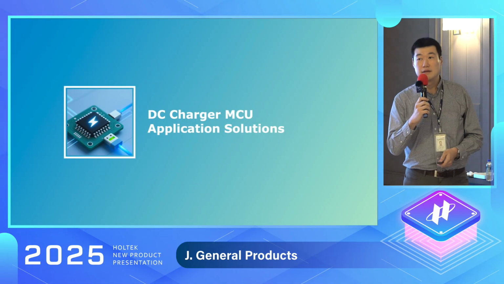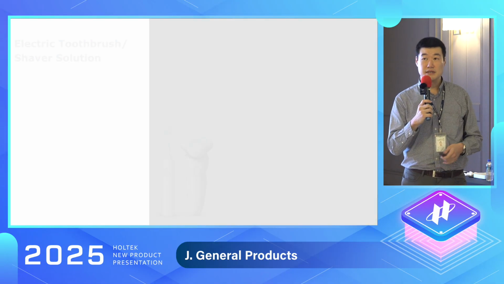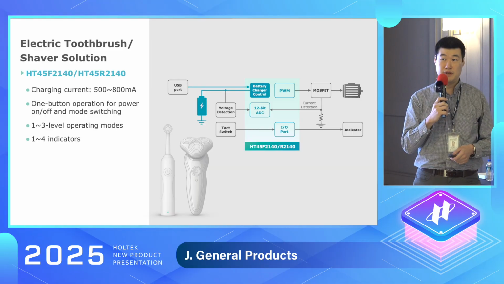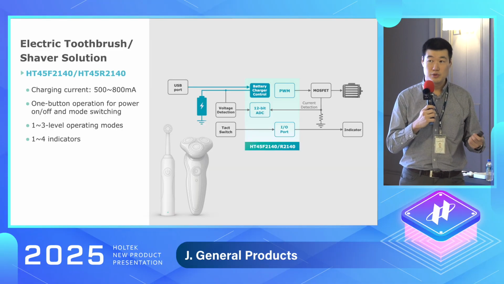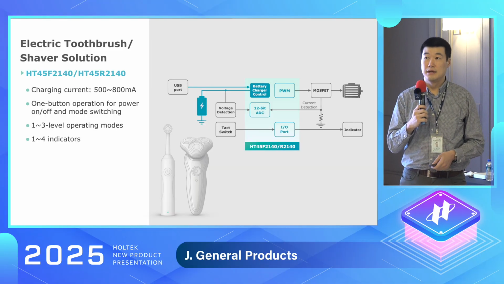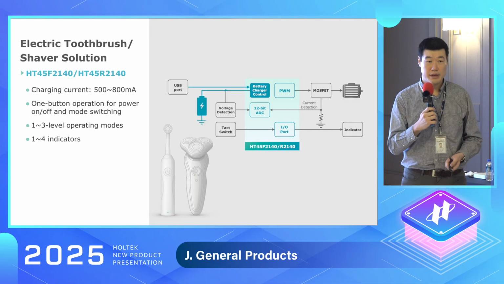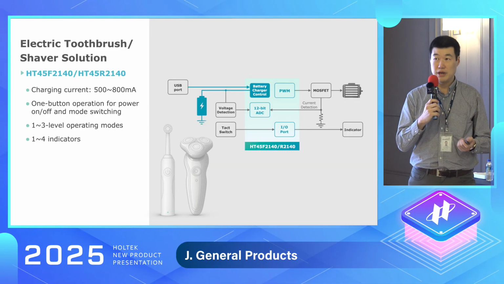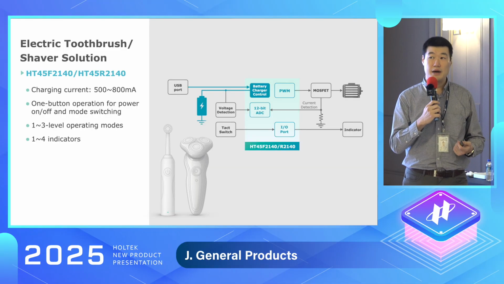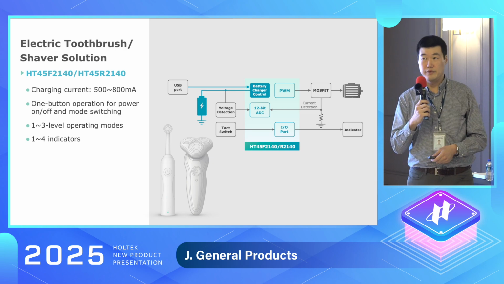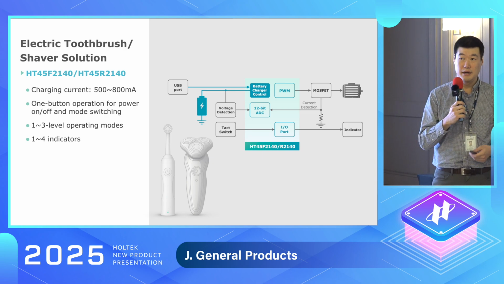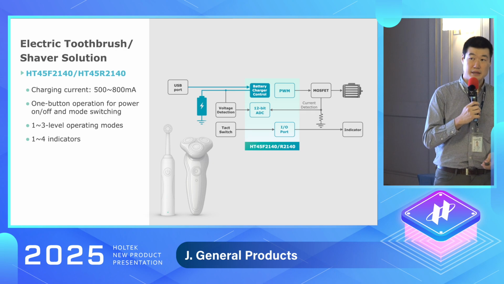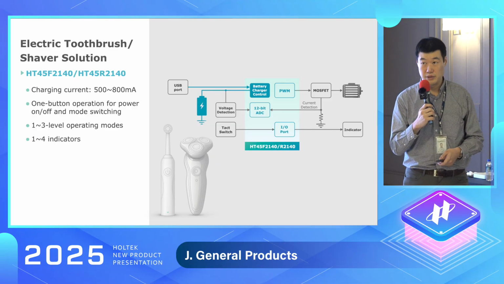Let's take a look at the solution. This is a toothbrush and shaver solution. If you look into the MCU, you see we have a PWM. You can drive your motor. You will have GPIO, which can give a LED indicator, and also the TED switch.